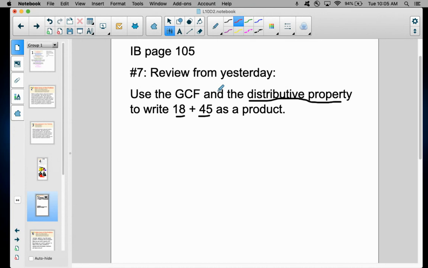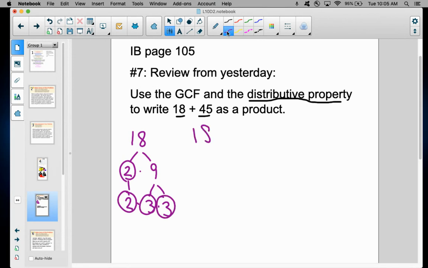So 18 and 45, we have to find the GCF. So I'm going to model the prime factor way just to show you that again. And again, 2 is a prime number. So I have 3 times 3 is 9. So I'm getting prime numbers for 18 as 2 times 3 times 3.